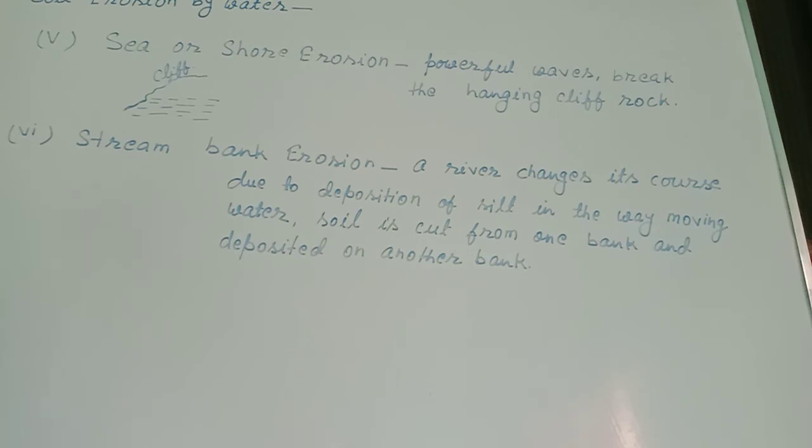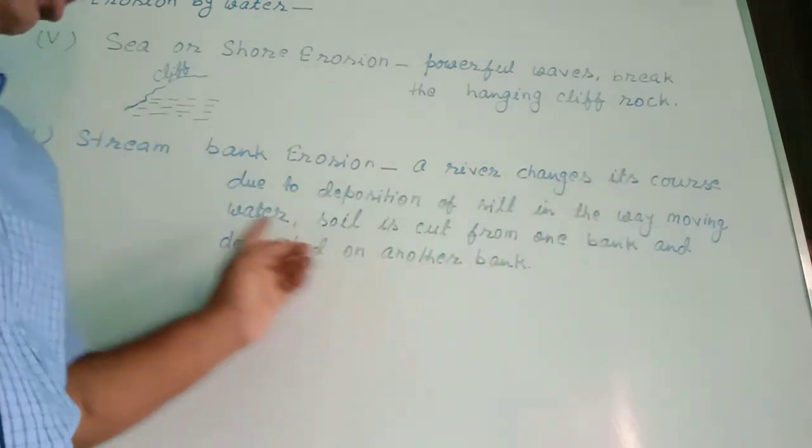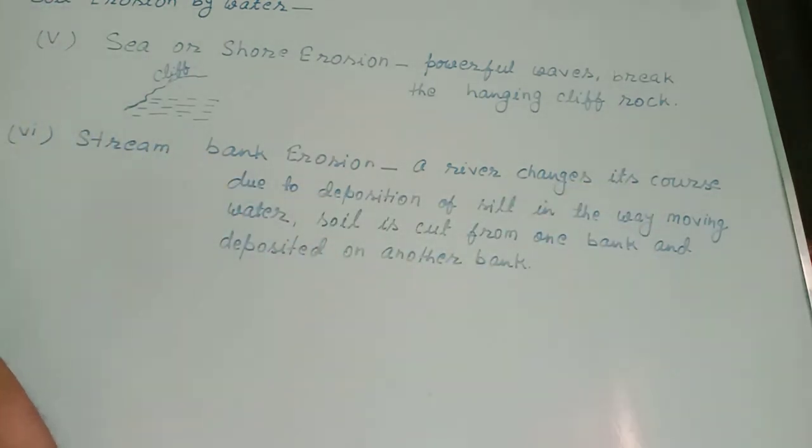And the last, stream bank erosion. A river changes its course. What is course? The direction of flowing water. So sometimes a river changes its course. Why does it change? Because the sediments or the silt are deposited in the way of moving water, so the way is blocked.